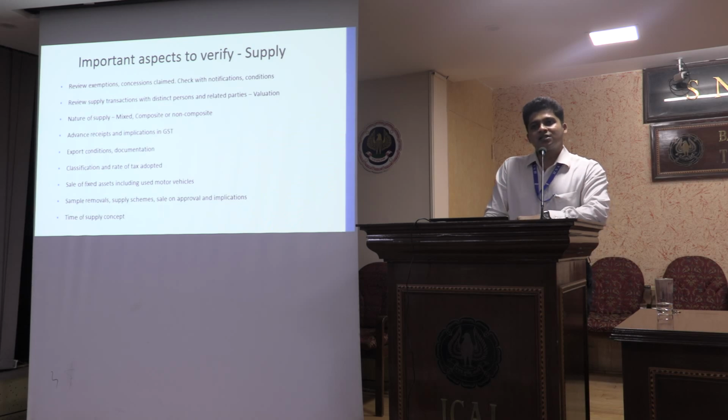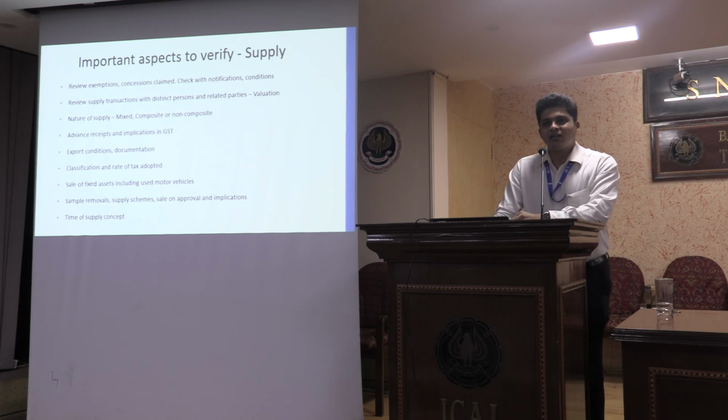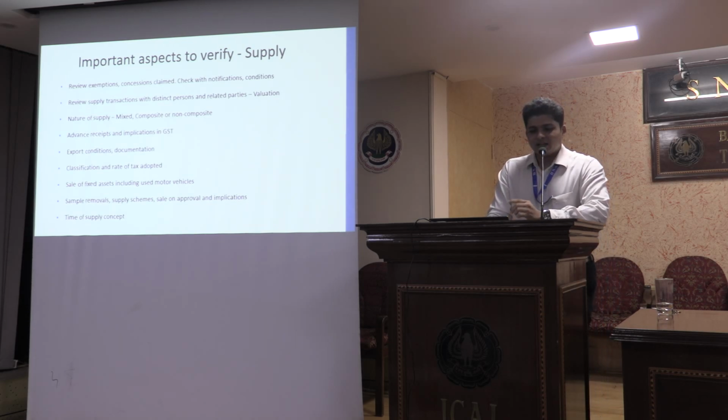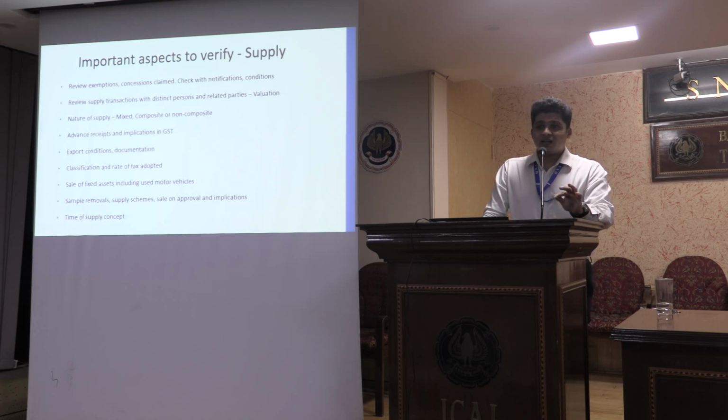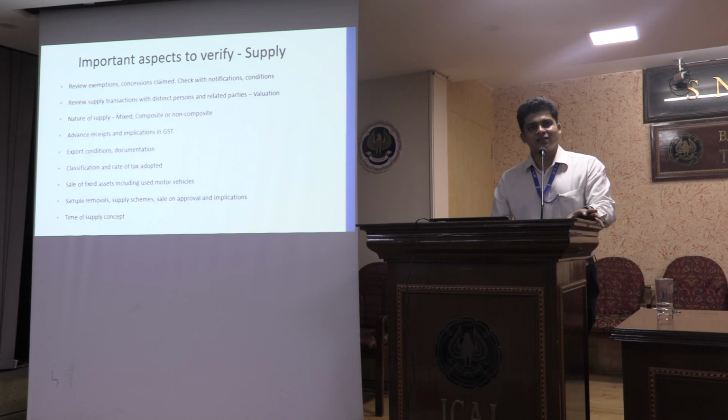So in relation to GSTR 9C, what are the areas of check? The reason we have provided these aspects we have given on supply, outward supply and procurements is because earlier in the starting when the certification was removed, it was a common understanding that GSTR 9C, which is performed by a chartered accountant, should only be done for the concept of arithmetical accuracy in mind.